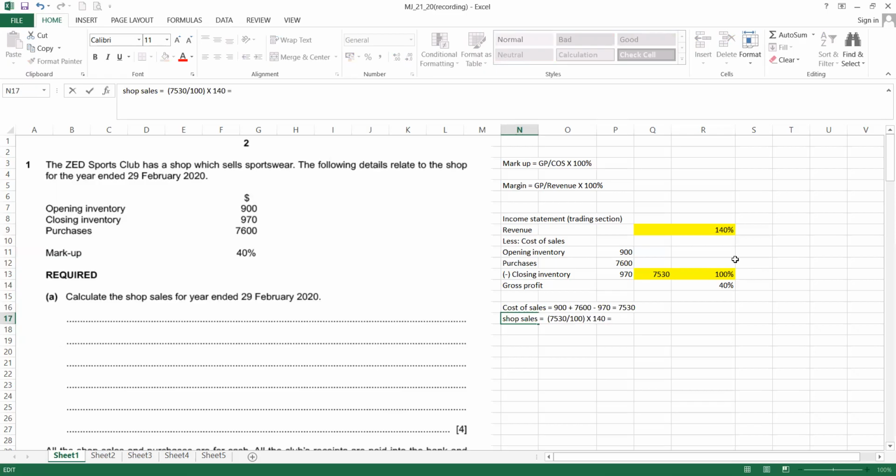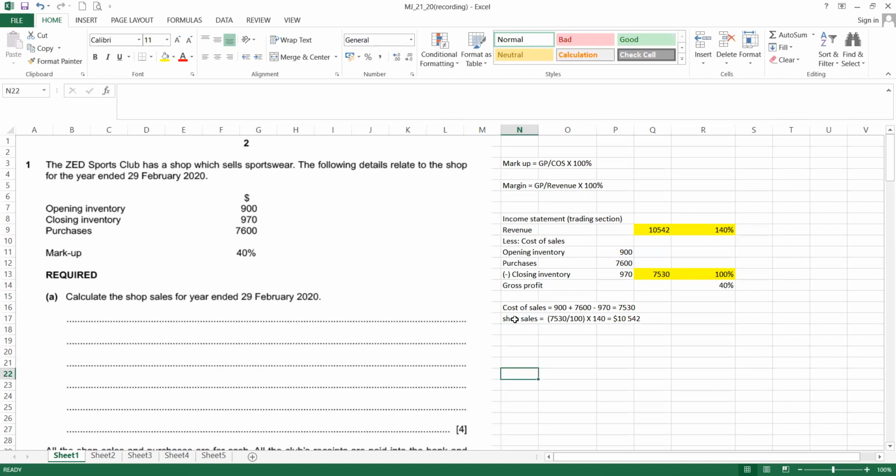Let me calculate. Give me a minute. So take this, divide by this, times 100%. So we get 10,542. This is the shop sales amount.